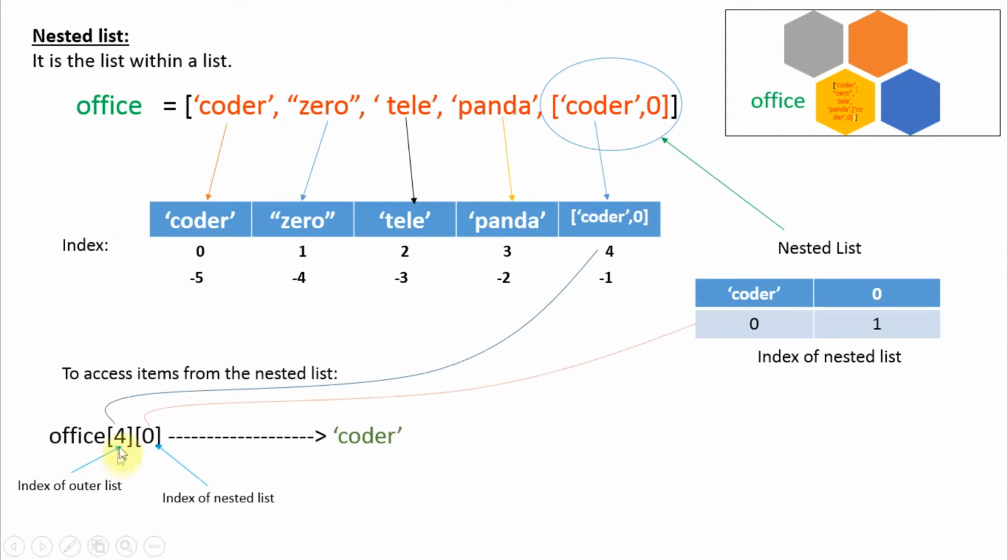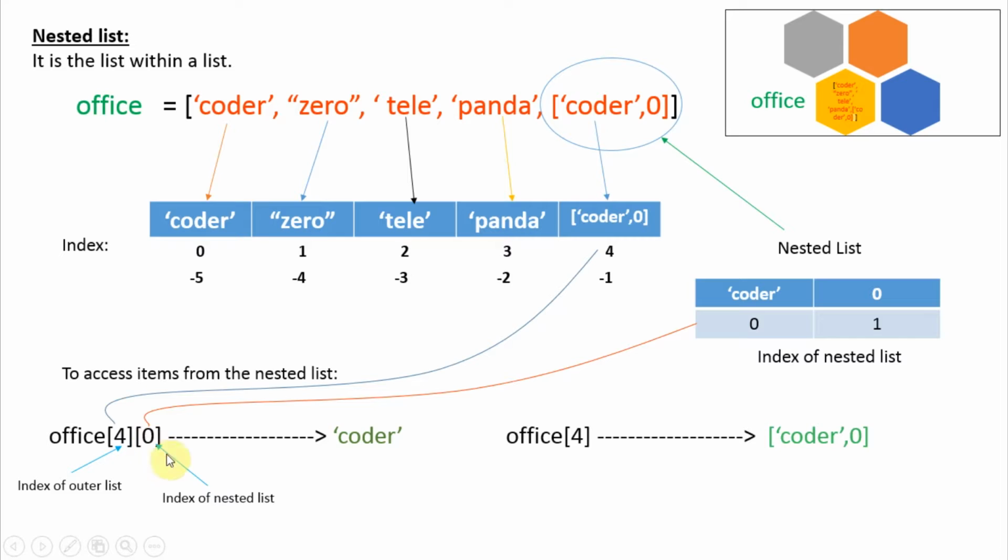This is our outer list, then at index 4 the nested list is present. When we use office[4], we'll get the nested list. Now we can use the index number of coder, that is 0 here. So we put together the outer list, the index number of the outer list where the nested list is present.